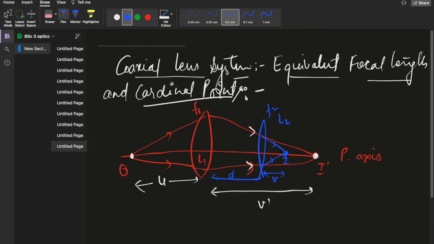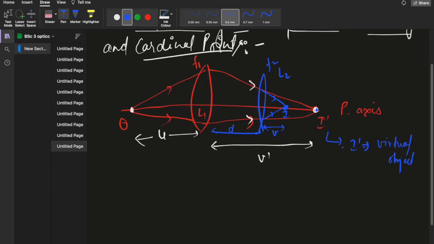So we can say that I dash is behaving like a virtual object for lens 2, and the image is formed at I. So the distance from L2 to I dash must be how much?